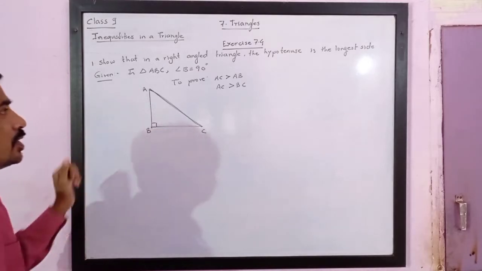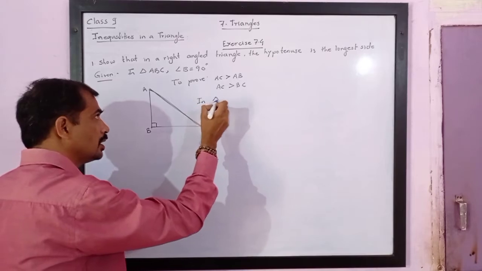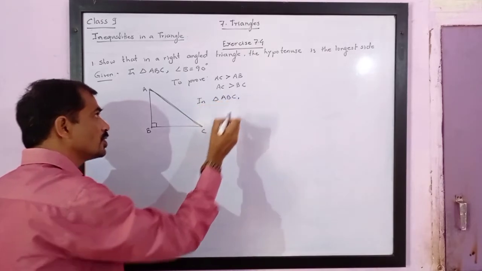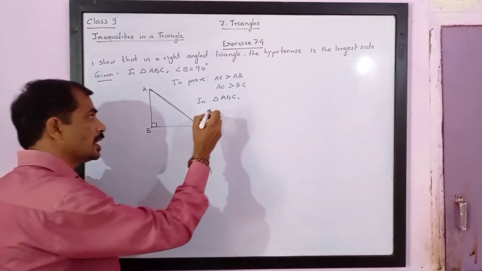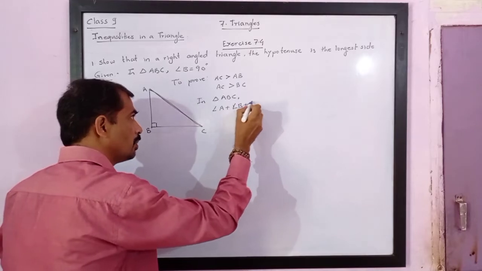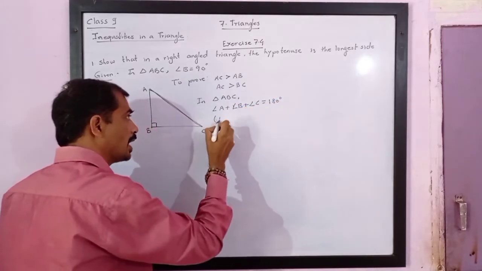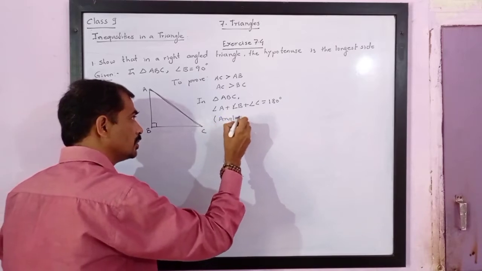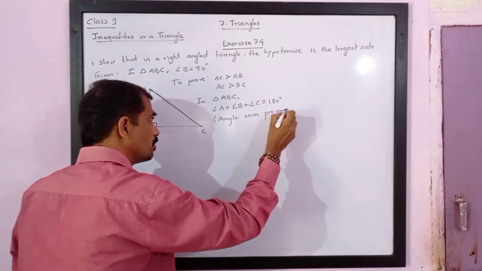Now, in triangle ABC we know the sum of interior angles of a triangle is 180 degrees. That is, angle A plus angle B plus angle C equals 180 degrees. That is the angle sum property of a triangle.